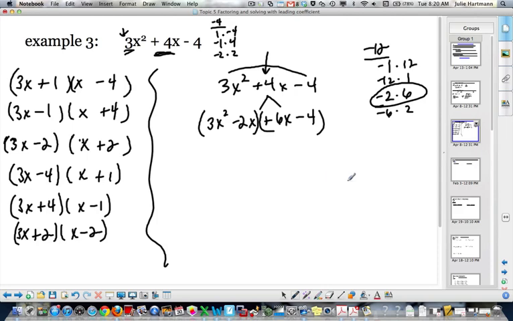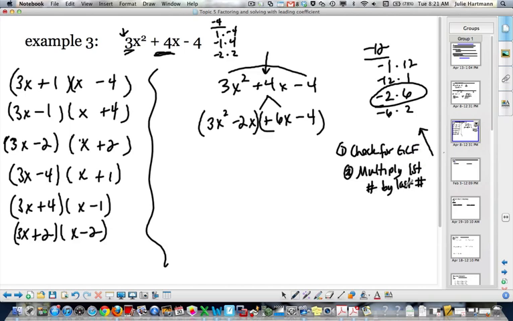Okay, so if you're writing steps, the first step is multiply first number by last number. Write it off to the side, like I did here. Actually, first, you want to check for greatest common factor. And then second, we're going to multiply the first term by the last term.